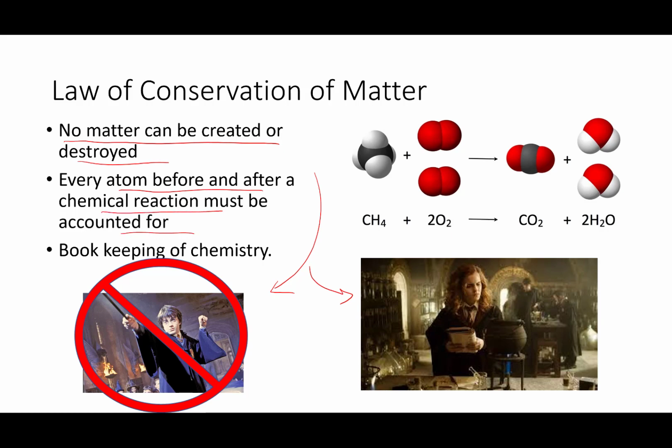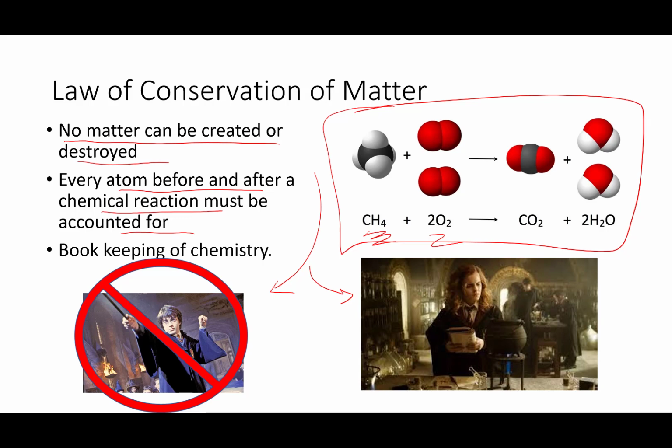So for example, if we look at this chemical reaction, which is the burning of methane, a common fuel for household stoves, if you happen to have a gas stove, burned in oxygen, if we count, there is 1 carbon, 4 hydrogens before you start, and then 1, 2, 3, 4 oxygens before you start.